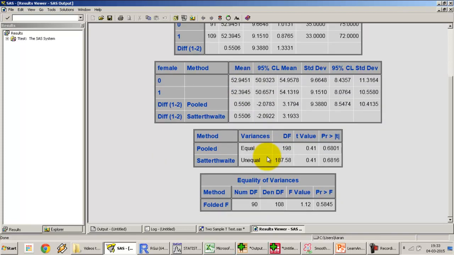Now there's one difference that we need to look at when we're doing two sample t-tests, which is whether we should look at the equal variances formula or unequal variances formula. The reason behind this is that when we extract two samples, the two samples may be of very different sizes. And if the two samples are of different sizes, they are likely to have different standard deviations, because standard deviation is dependent on the number of observations also to a certain extent.